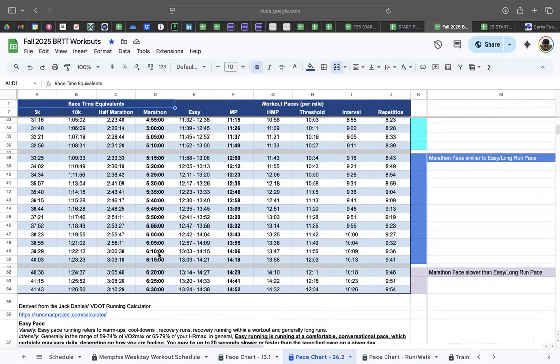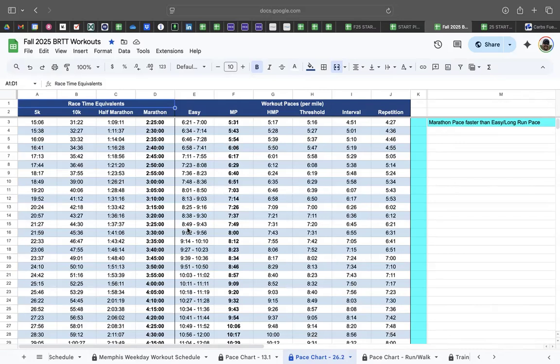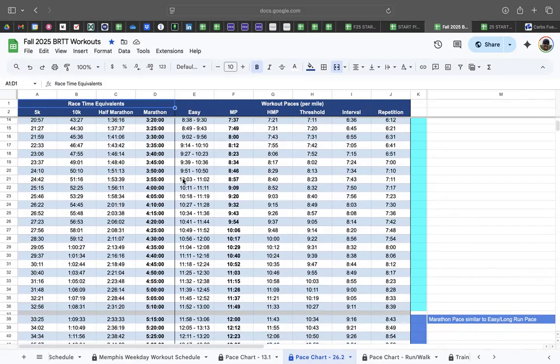So what we can do here is use this a few different ways. So one, we can use it to figure out what might be a reasonable half or full marathon time to expect. So maybe you've recently run a 5K and you ran it in 25 minutes. So you'd come to this 5K column for race time equivalents, and 25 minutes is between the 24:42 and the 25:15.